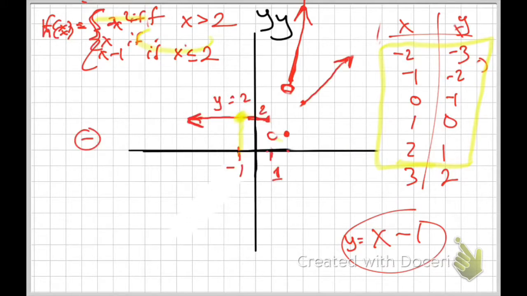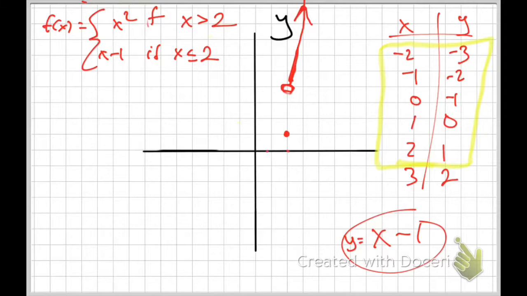And I'm going to use a closed circle because it includes 2. X is less than or equal to 2. Then 1, 0; 0, negative 1; negative 1, negative 2; and negative 2, negative 3. And it just keeps going that way. Typically I go all the way up here, but again, I'm chopping it off at 2, so I only use that portion of the graph. So that is what the function would look like.